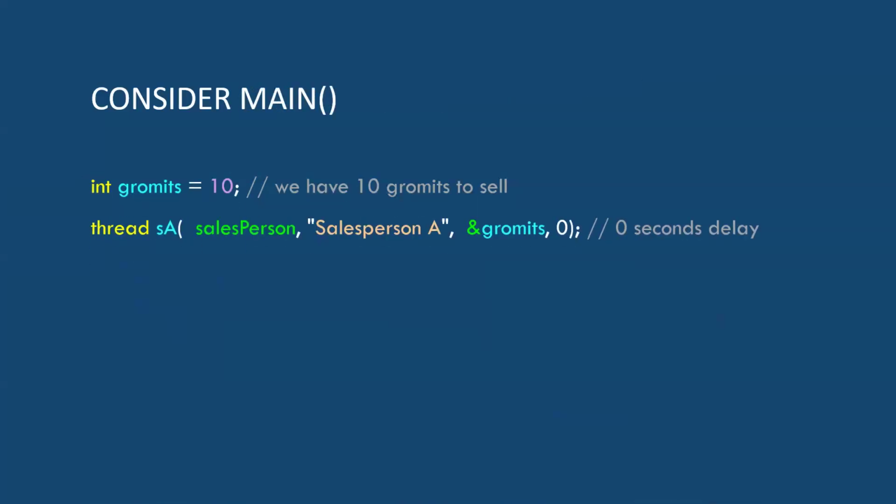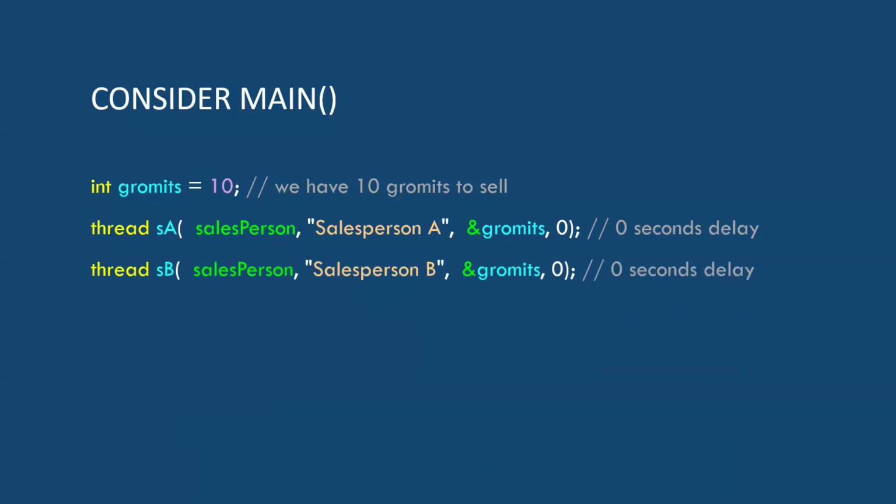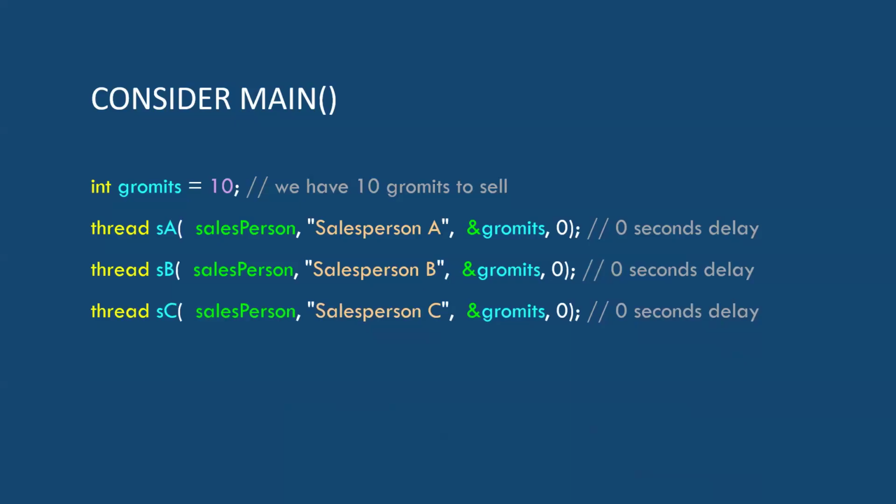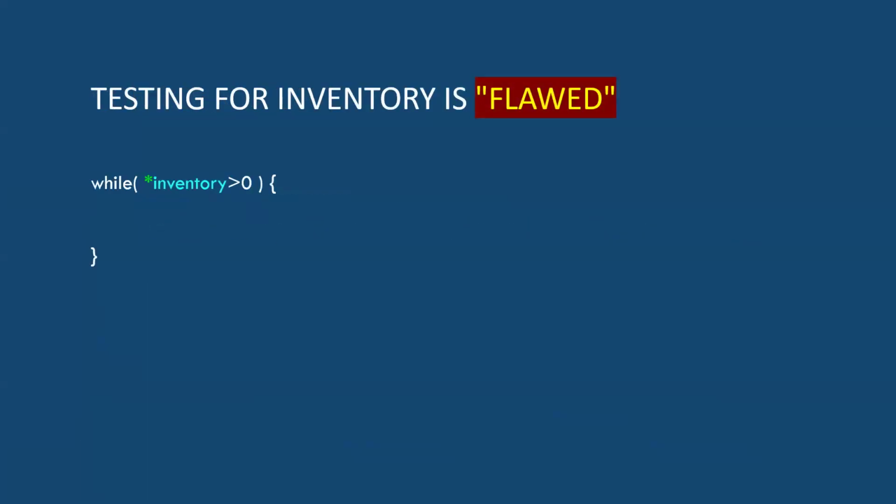So here's our thread for a salesperson. We pass in the address of our grommets to all of our salespeople, and we give them 0 seconds delay, so nobody needs to recover at all when they first start this process. What we're going to see is that these salespeople are going to cheat.